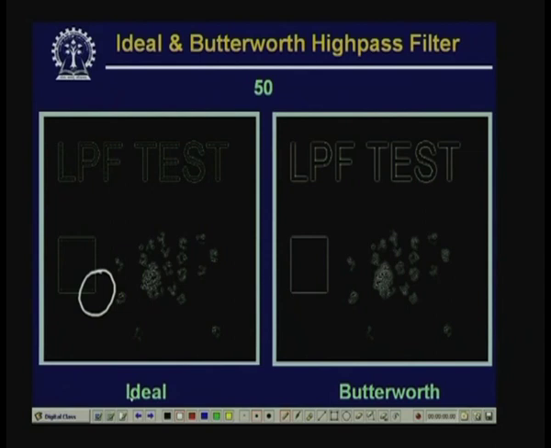Using the low pass filters, I can go for the smoothing operation, and using the high pass filters, I can go for the image sharpening operation. The same operation can also be done using the Laplacian in the frequency domain.